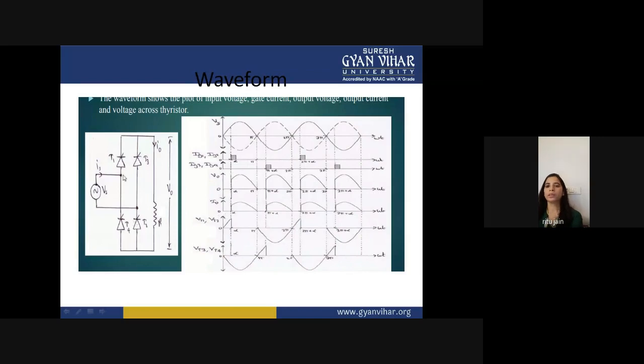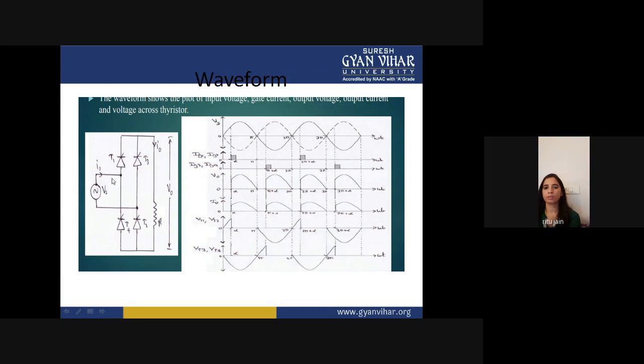So when your supply is positive, only T1 and T2 are forward biased. These SCRs will conduct, and you can apply gate pulses IG1 and IG2 to T1 and T2 in this positive half cycle. The delay angle is alpha. When T1 and T2 conduct, the circuit completes through the load: from supply voltage through T1, the resistance, and T2.